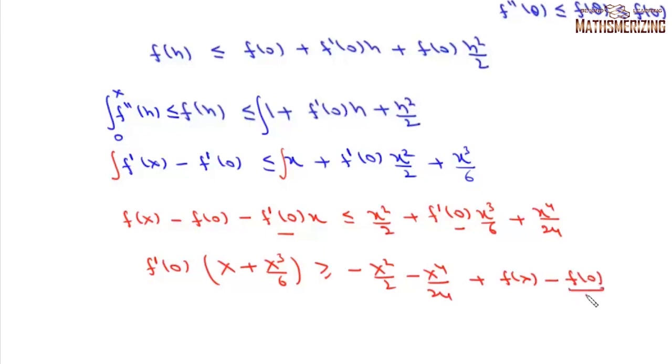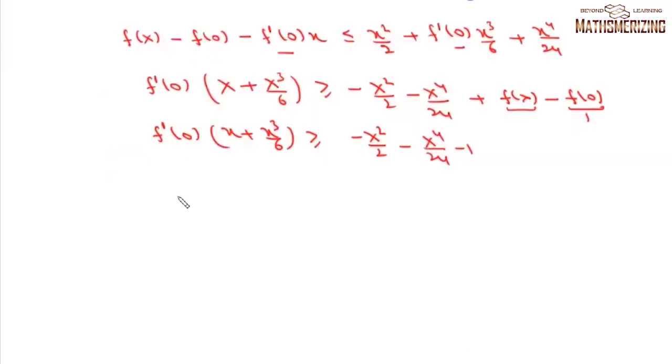Now f0 is 1 and fx is always greater than or equal to 0. So from here we can say f dash 0 into x plus x cube upon 6 will be greater than or equal to minus x square upon 2 minus x to the power 4 upon 24 minus 1.